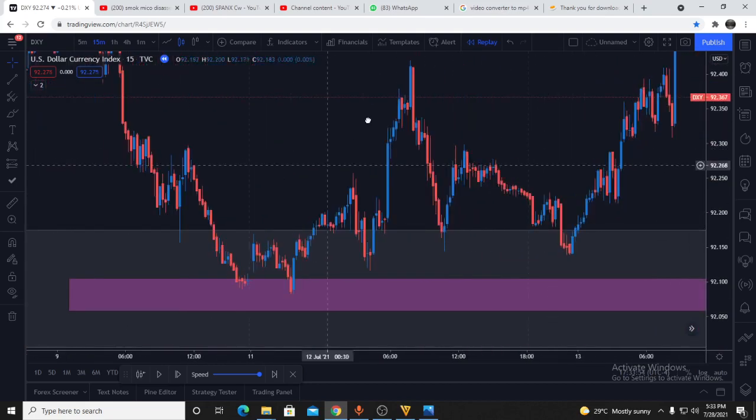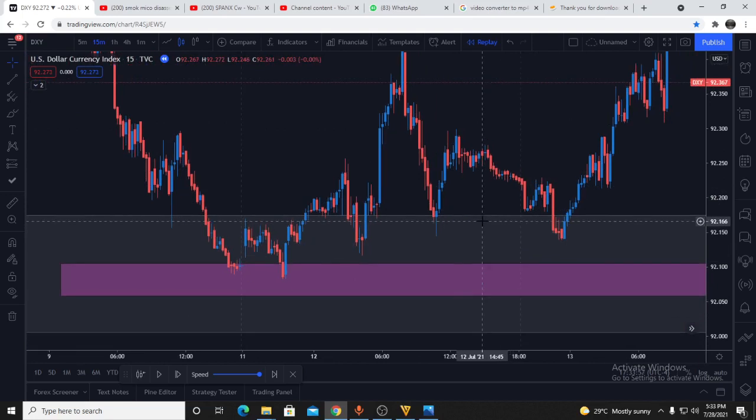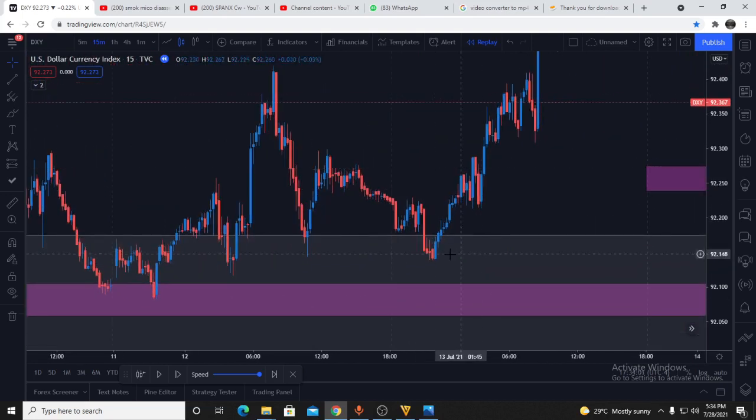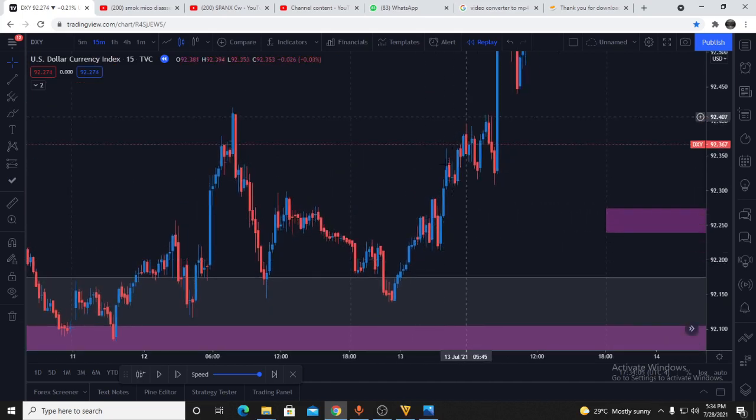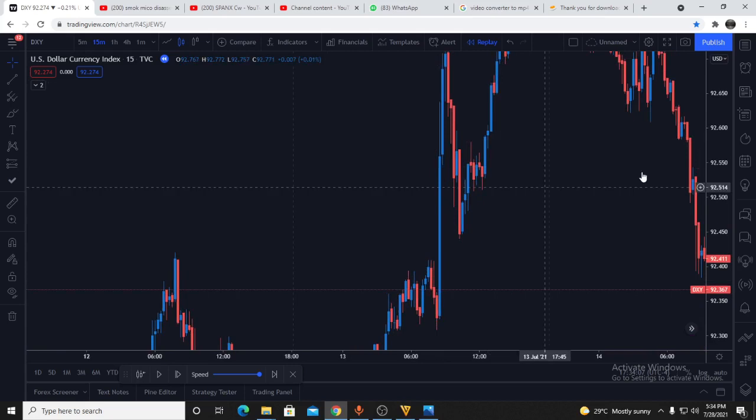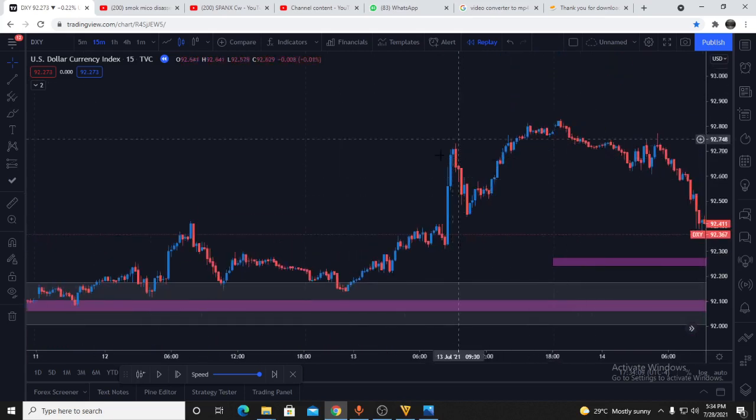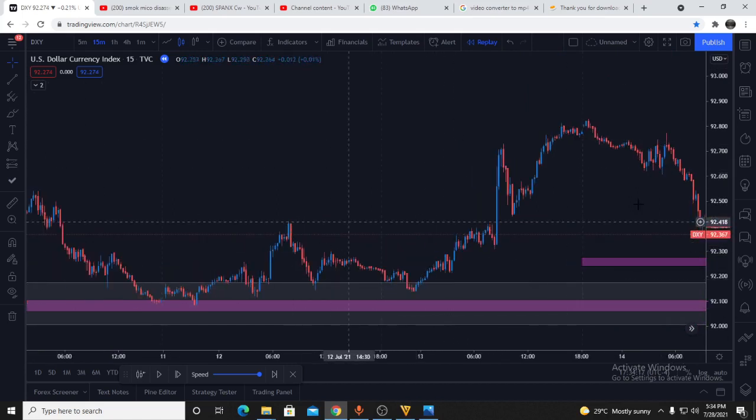Took liquidity, came up, and then it took liquidity below here. Again, speed and magnitude, and then it went up. And then they did some unloading of their positions, went up, unloaded some more, went up again. And then this is some profit taking because it retraces, it doesn't consolidate. Consolidation in this narrative is unloading of positions at areas of liquidity.